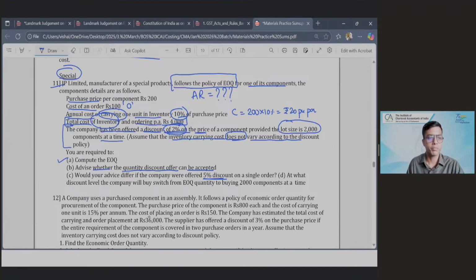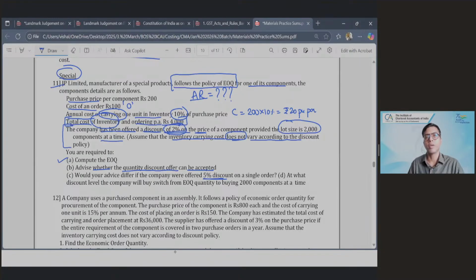For the first time, you are being given the total cost of ordering and carrying. Now, this is, as rightly pointed out by Pratiksha, the starting point of this question. That how to find out EOQ and most important, how to find out AR, because that will be required for all further calculations, right?